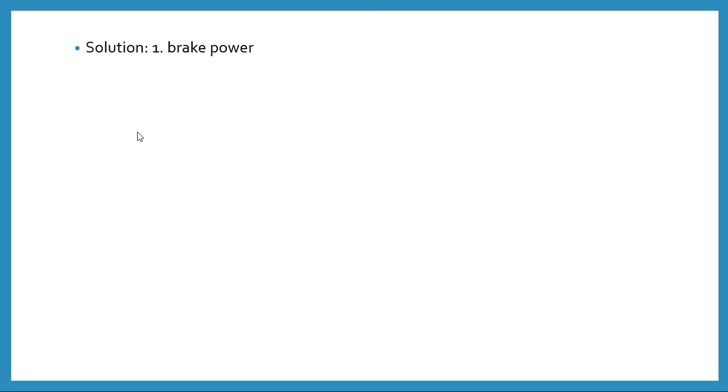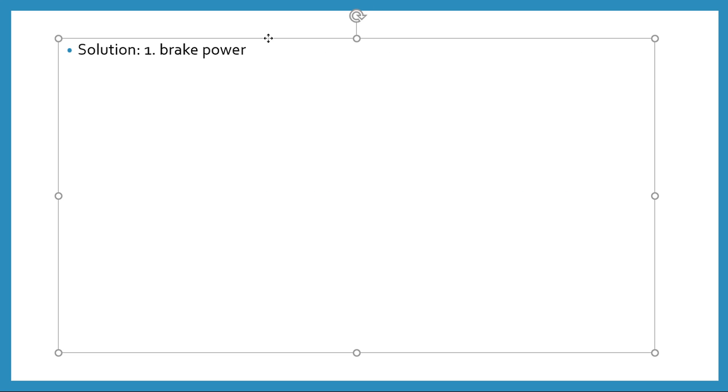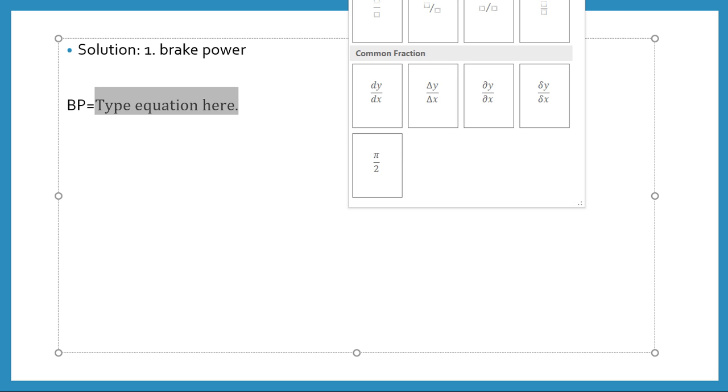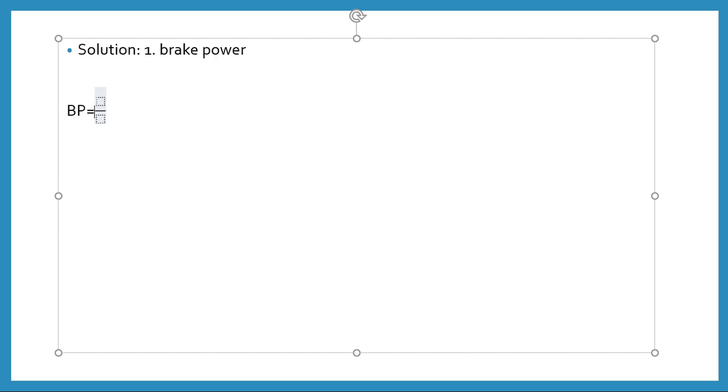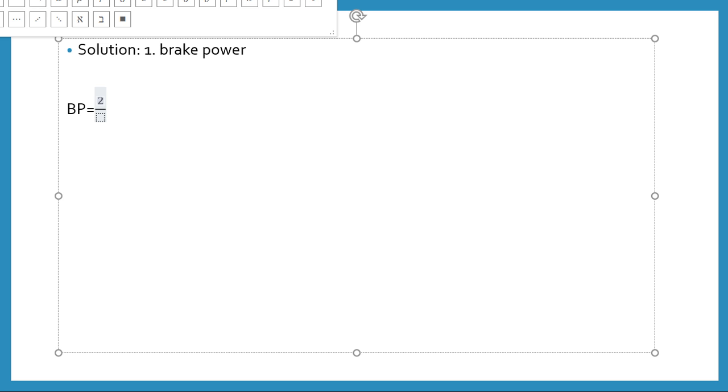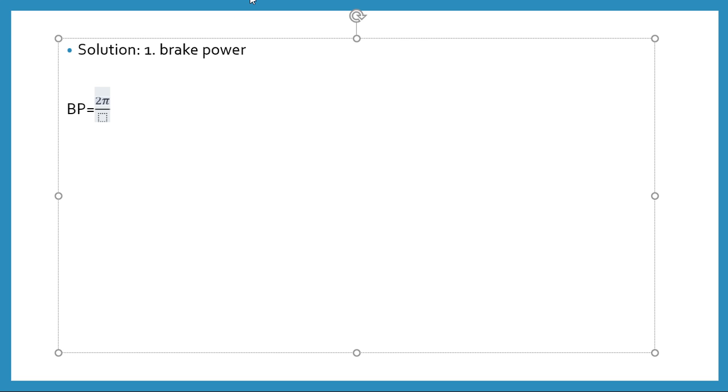We know the equation of the brake power is equal to 2 pi N T divided by 60 into 1000.